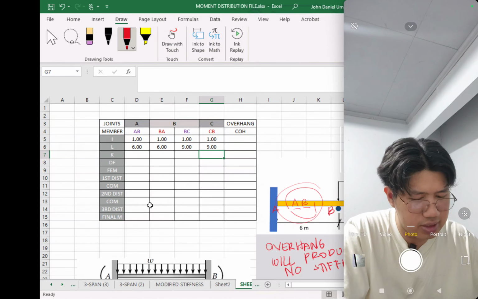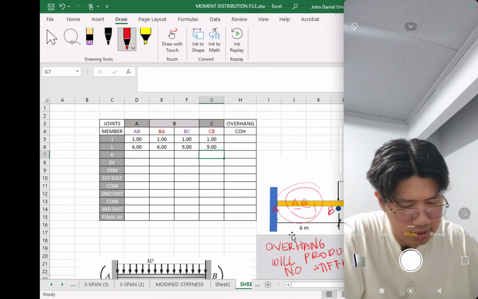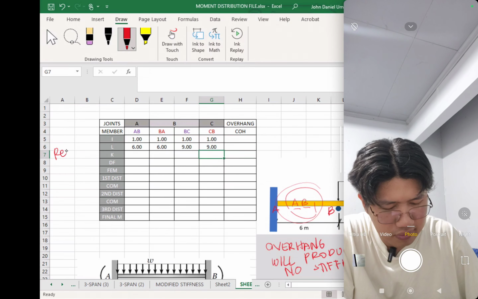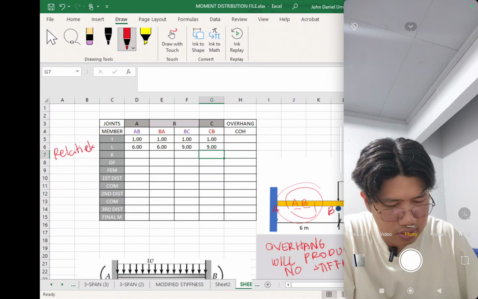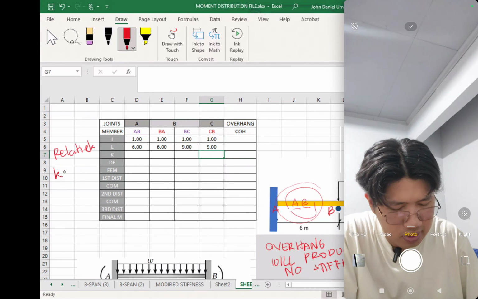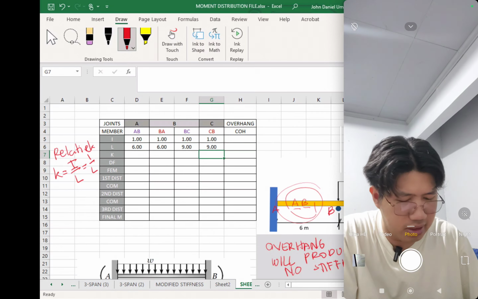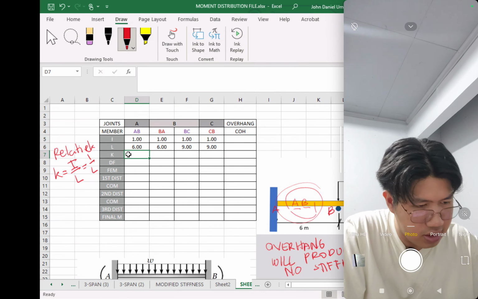Okay, so next is K. So I will just use the relative stiffness. So this is relative K. Relative K is I over L. Since hindi binigay si I, we can use 1 over L. Kaya ko na nilagyan ng 1 value para sa Excel madali siyang ma-compute.